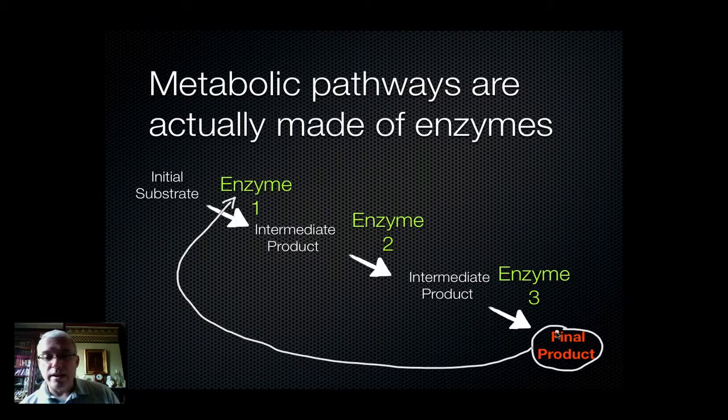So once you get enough final product made, it starts shutting down enzyme 1. If enzyme 1 is shut down, then nothing's made to run enzyme 2, and the whole pathway shuts itself down. So feedback inhibition is a great way of shutting down a metabolic pathway when enough final product exists.